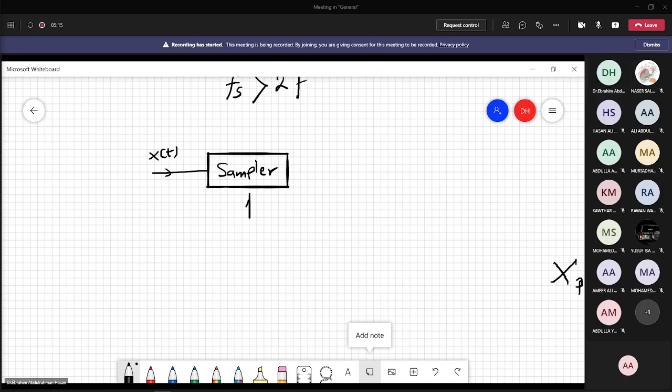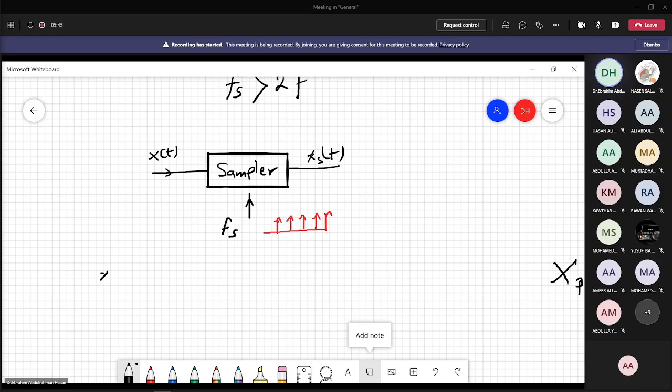Okay, important here to know the sampling rate. Okay, هذا مهم. And remember that this one is the train of impulses. Okay, so then in time domain, this is my output here. It is xs of t.